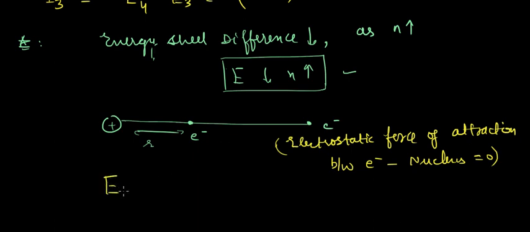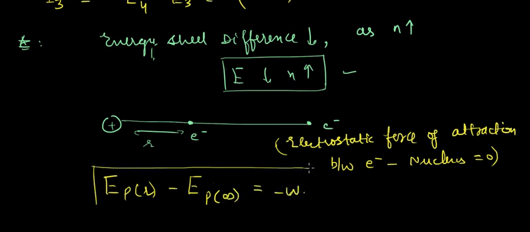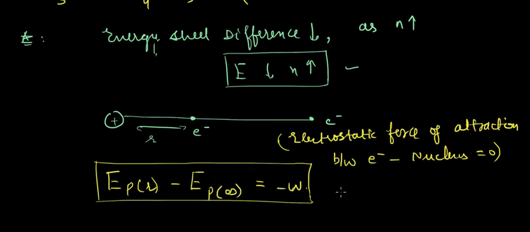So the energy at position r minus the energy at position infinity would be minus W. So work has to be done upon the electron to bring it from infinity to here.